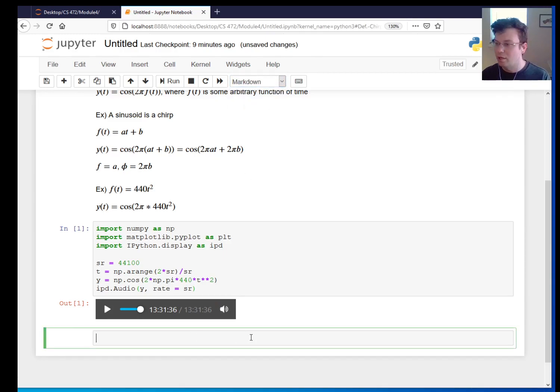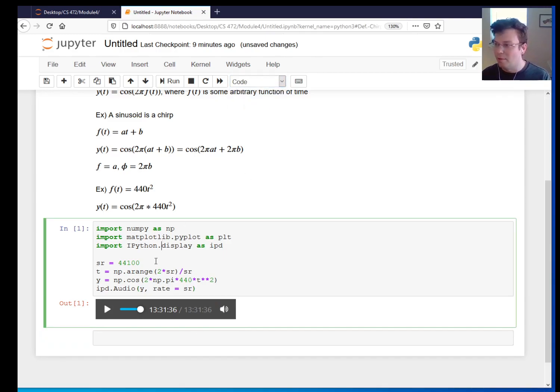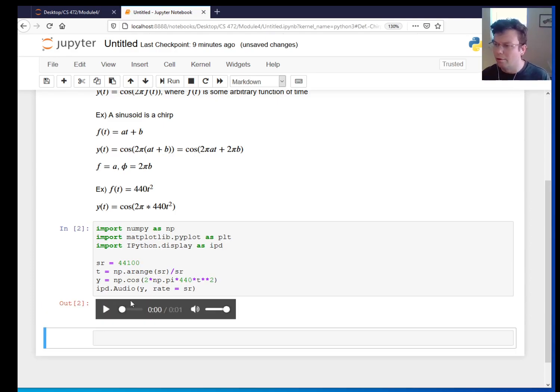What if I try the following? And actually, I'm going to back up and just do this for 1 second for now. Let me now say that I have a different chirp. So I'll say f of t is equal to 440 t cubed now.